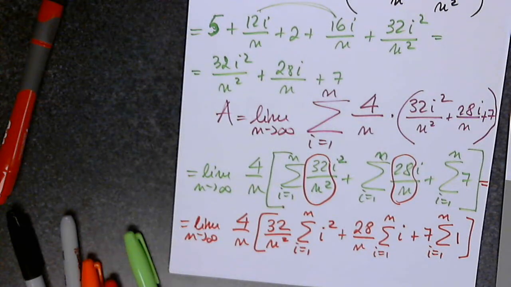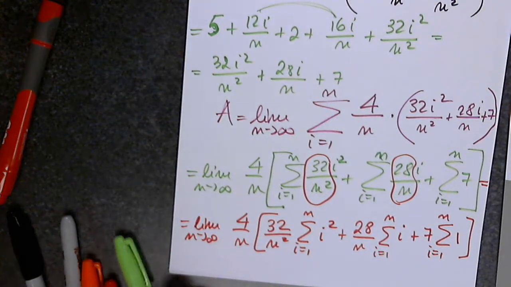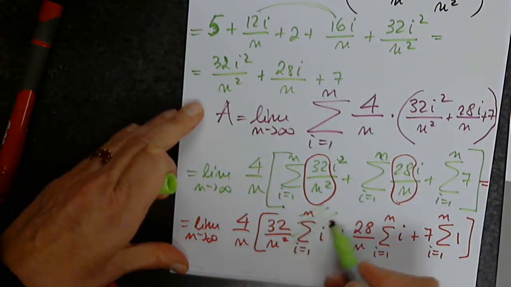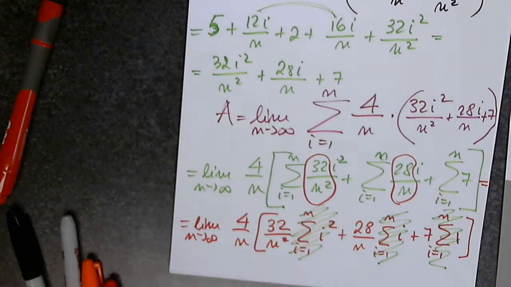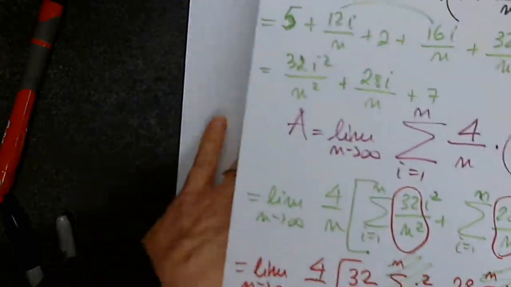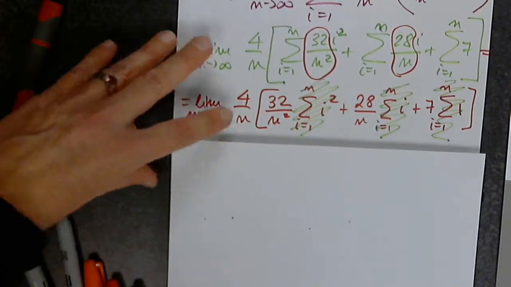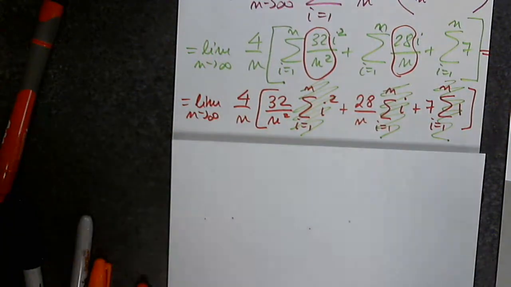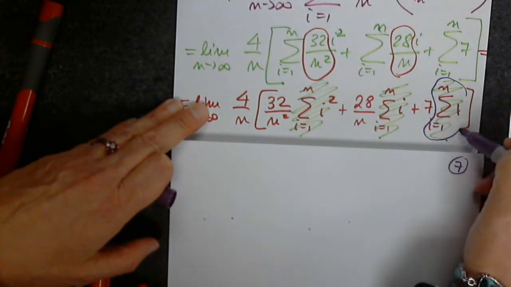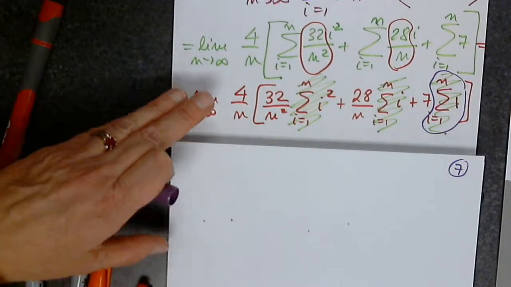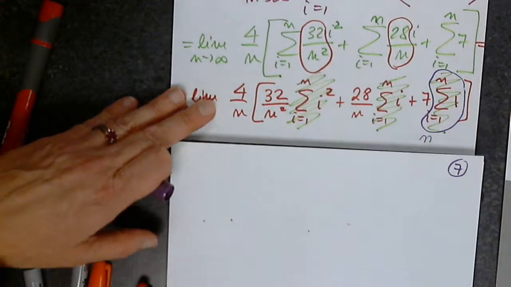And now I learned something last time that will help me replace this and replace this and replace this. Don't erase it like that. I'm just making a point. So what do I replace? Let's start with the easy one. What do I replace this quantity by? This one. Very good, excellent, awesome.